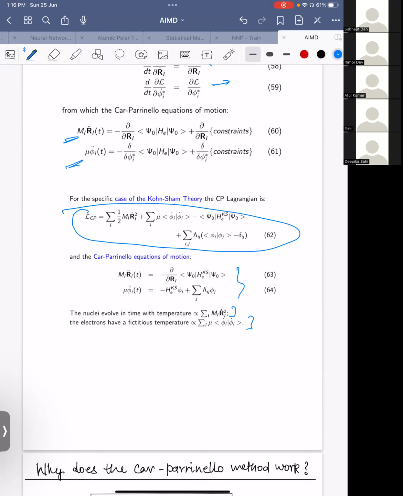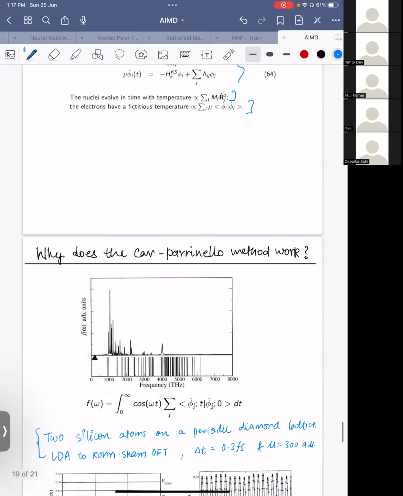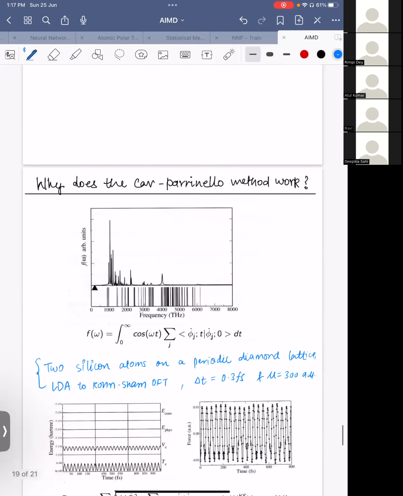This is possible if the power spectra of the two dynamics do not overlap. Basically, there should be no energy transfer between the hot nuclei and the cold electrons. So how is it possible and why is it possible?